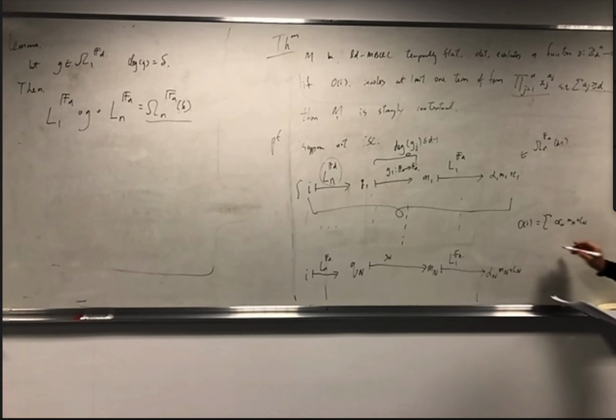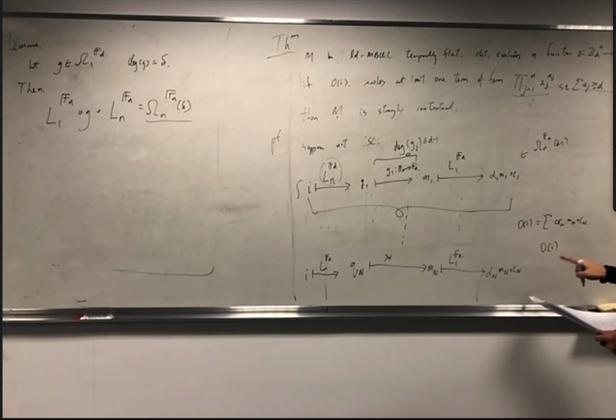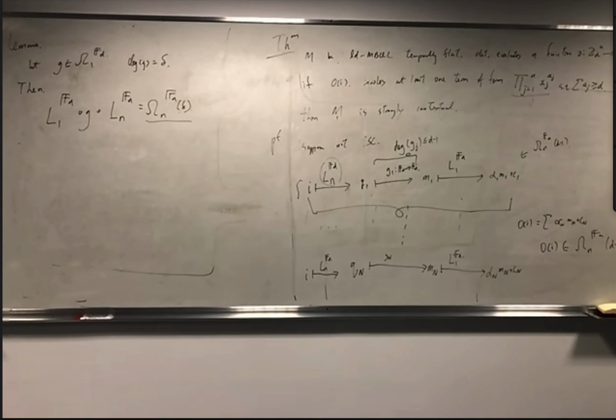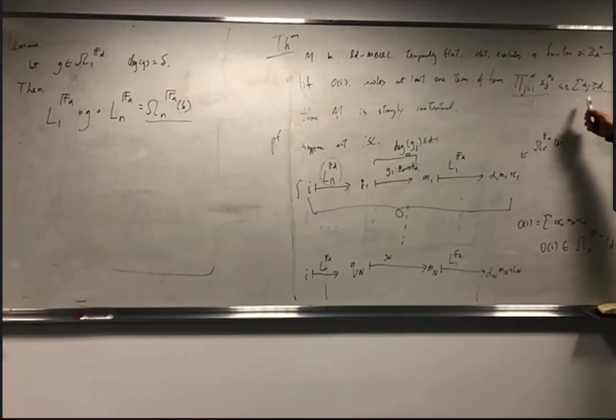Which means this function would be inside here, a function where every term has degree less than or equal to d minus 1, which is exactly the negation of this statement.